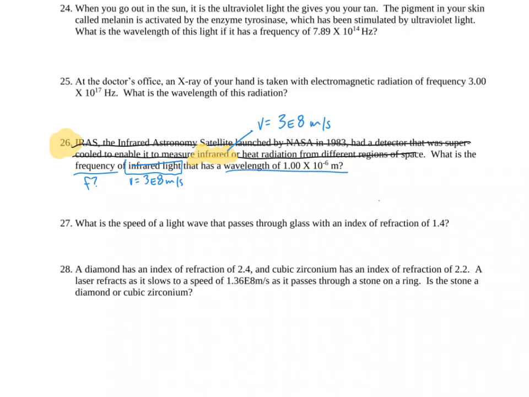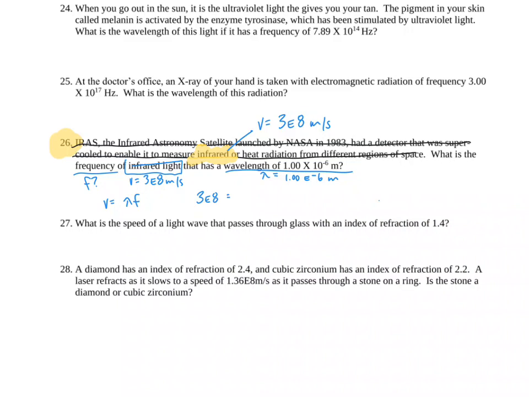And it tells me the wavelength is 1 times 10 to the negative 6 meters. So frequency, velocity, wavelength, that's my v equals wavelength times frequency equation, where the velocity is 3 times 10 to the 8th.